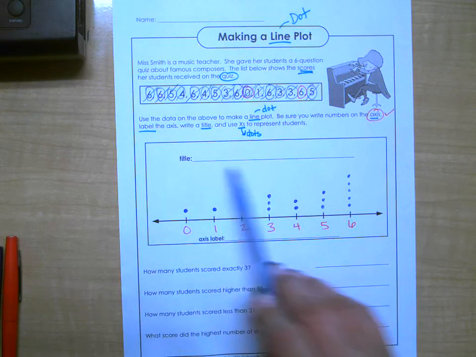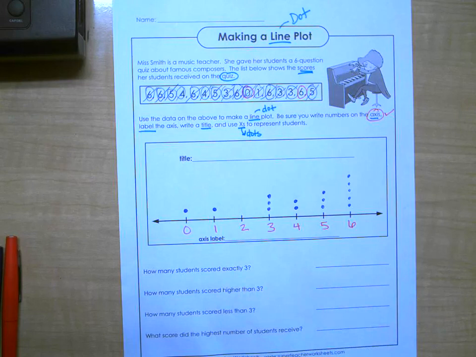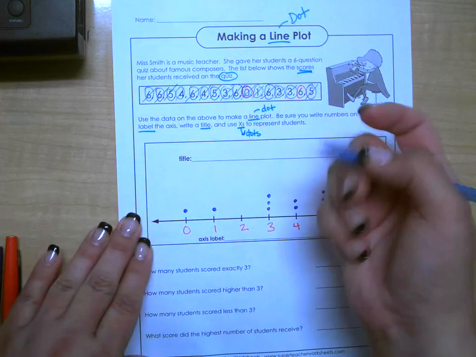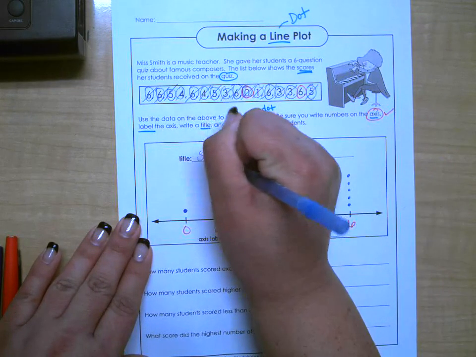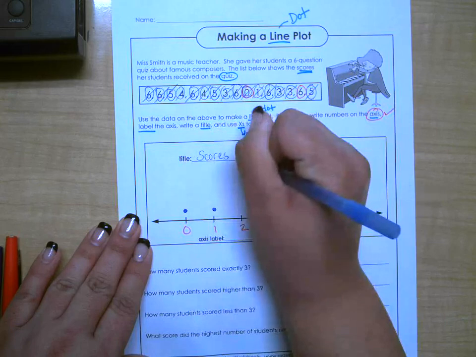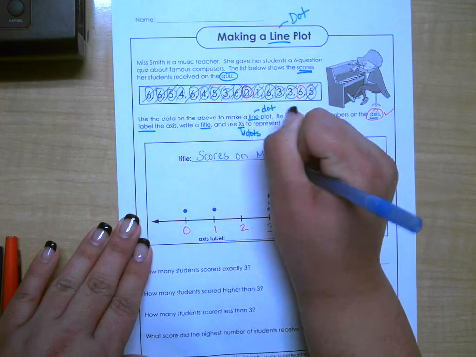I still need to give a title to my dot plot. Your title just connects with what the dots represent. So for this one, this represents scores on the music test.